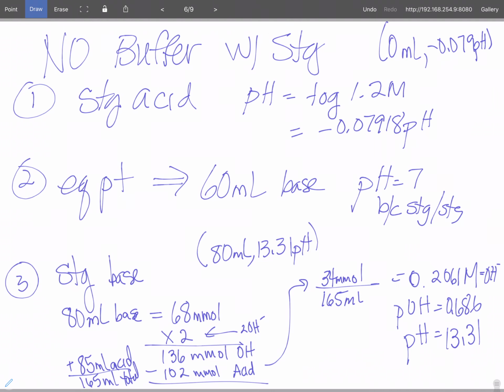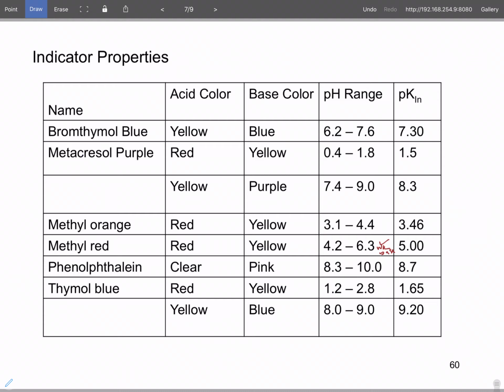Last thing is the indicator. So on this one, we need one that has a pH of 7. This will work for the strong. This one will actually work for the strong because it's close enough, because there's such a huge inflection. Phenolphthalein will work for the strong.